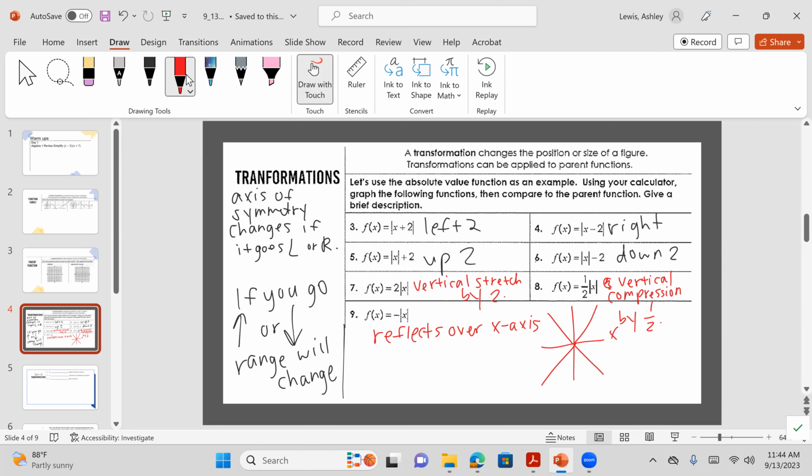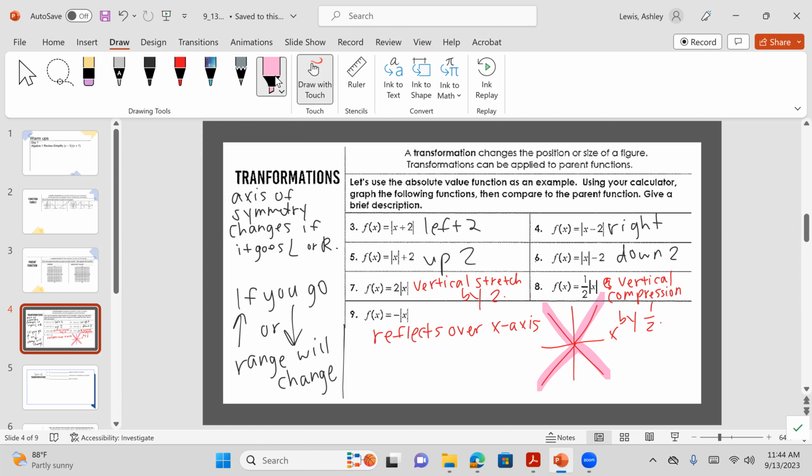So it just flips across the x-axis. That's why we call it a reflection. Normally, it faces up, but when you put a negative, it flips across the x-axis and it faces down. That's why we call it a reflection across or over the x-axis. Okay, are those okay, guys?